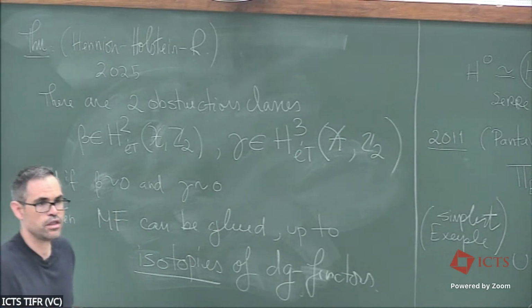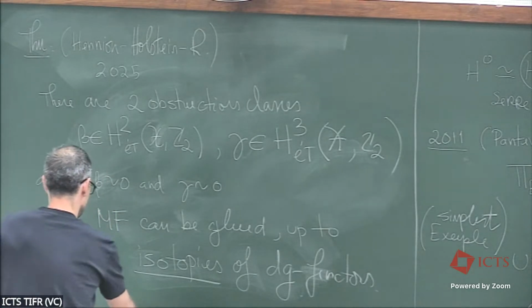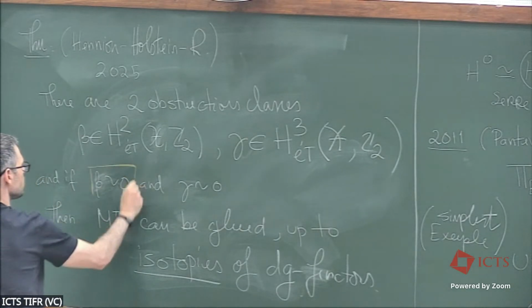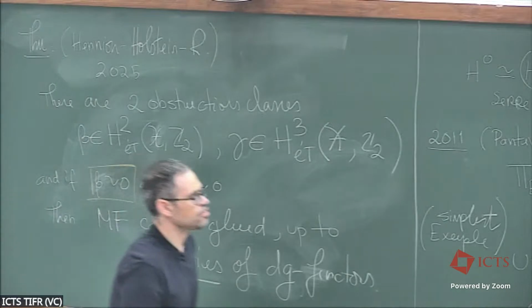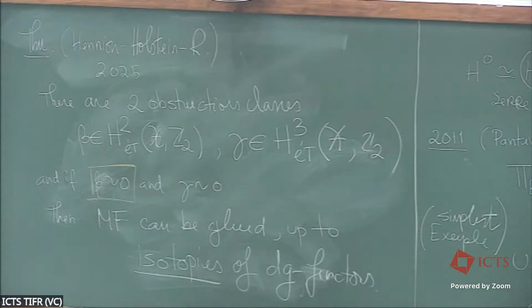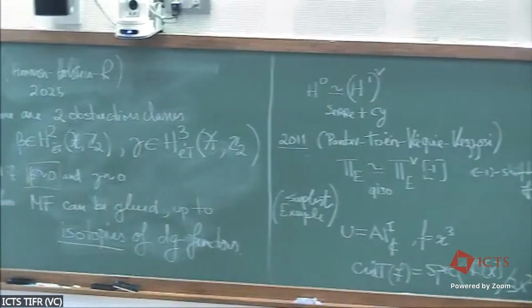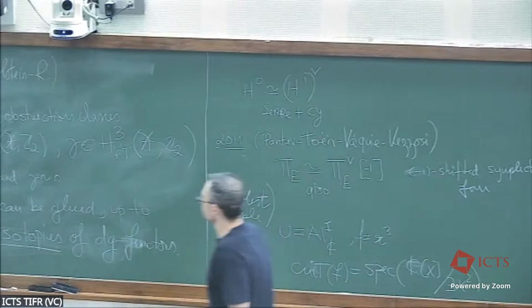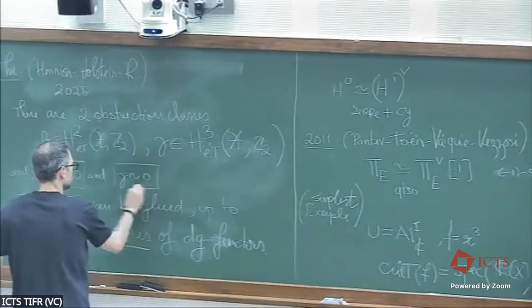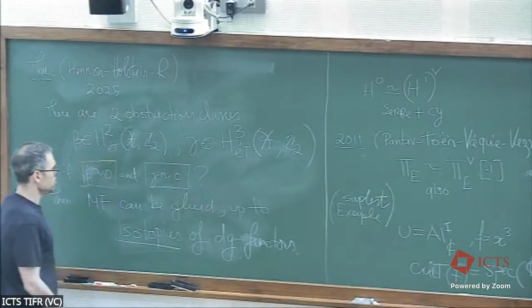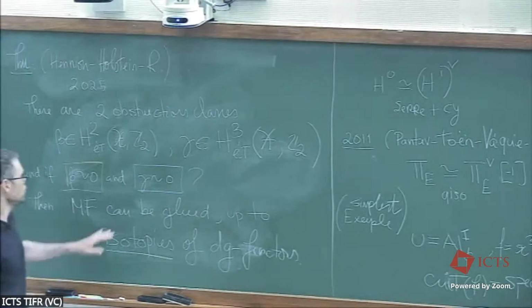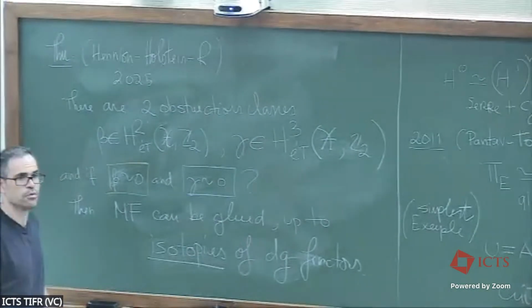So just to give you an idea what this trivialization of this class beta means, the trivialization of this class is exactly what appears in the theorem of Joyce, it corresponds to the existence of a square root of the canonical bundle. The trivialization of the class gamma, for the moment, we have a description, but it's not very satisfactory of what this means.